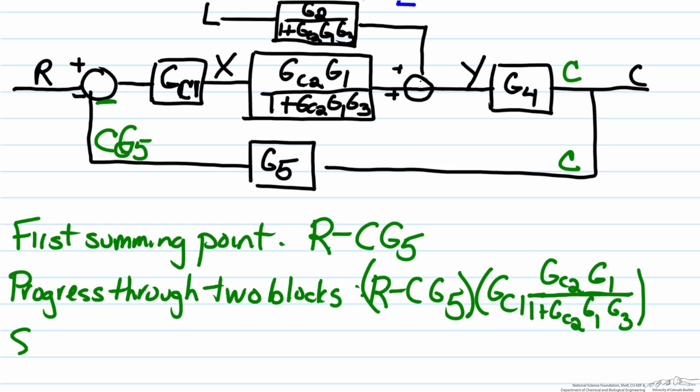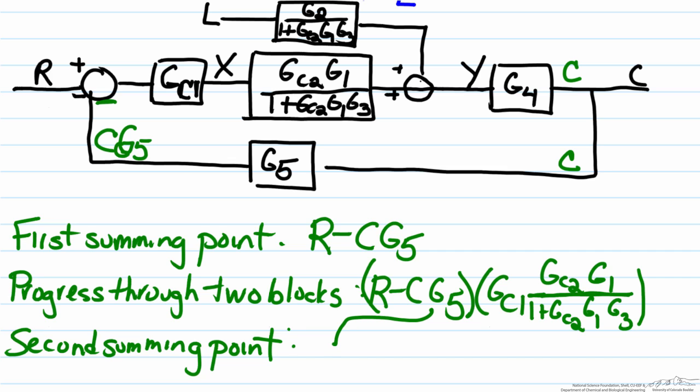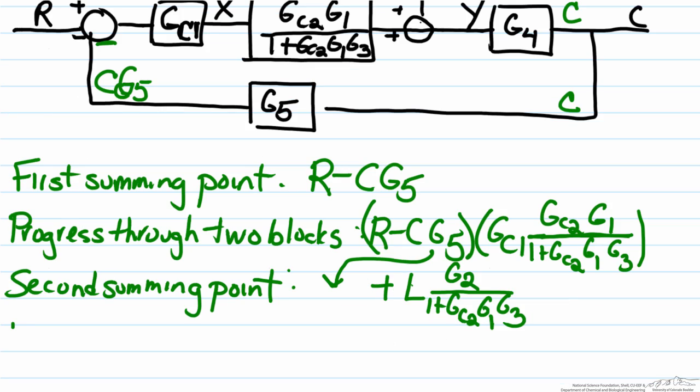Next, we go to our second summing point, and our second summing point will be the messy term that we have here plus L multiplied by G2 divided by 1 plus GC2 G1 G3, the box that's right here at the top of our diagram. Finally, we'll progress through the G4 block.